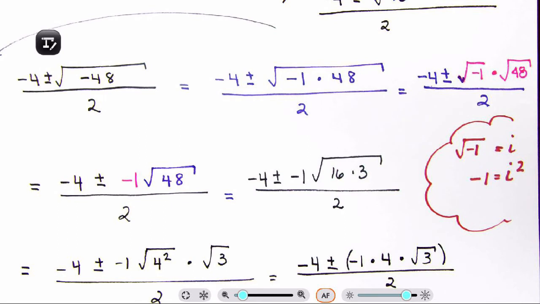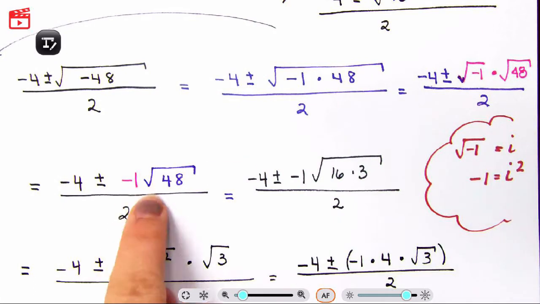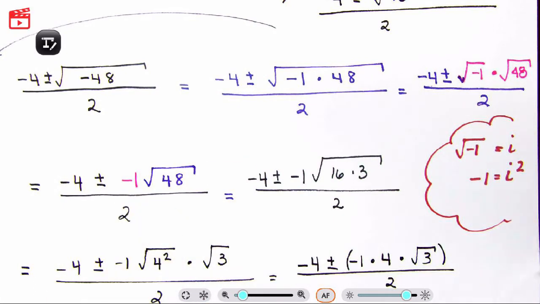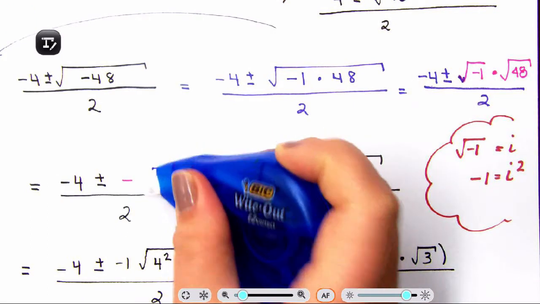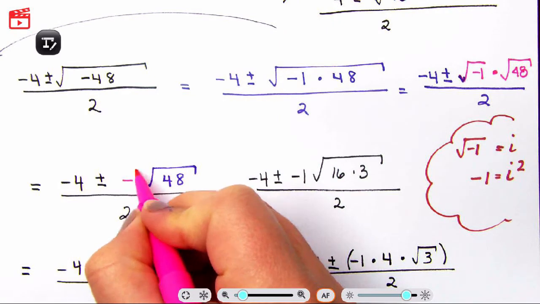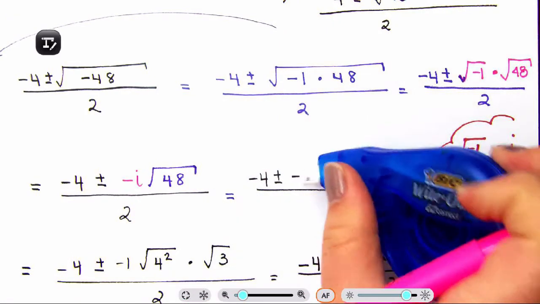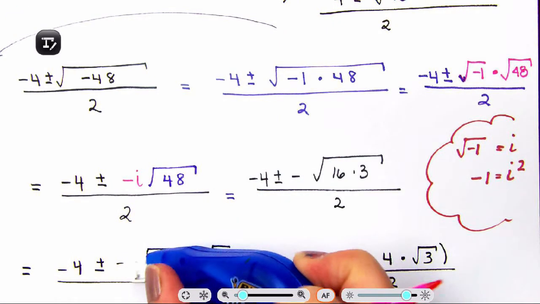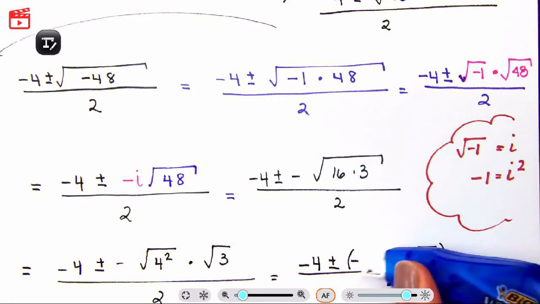Oh, you guys. We had a negative 1. Do you see how this should be an i? I had a negative 1. I took the square root of it. That's equal to i. Hopefully you saw that. Mistakes happen. Learn from my mistakes.